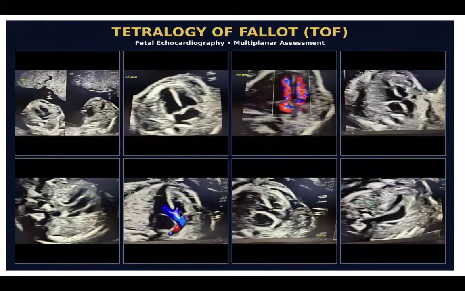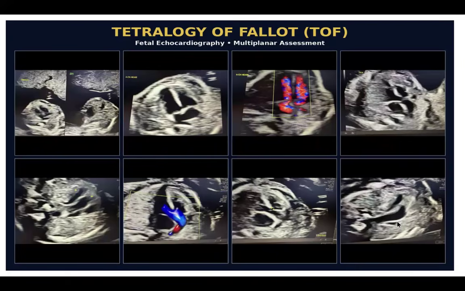Notice, oh yeah, there is a VSD that I did pick up, which you can see here. You can also see at that overriding where I measured a little VSD there. But upon my three vessel trachea view, look at the pulmonary, how small it is comparative to the aorta.